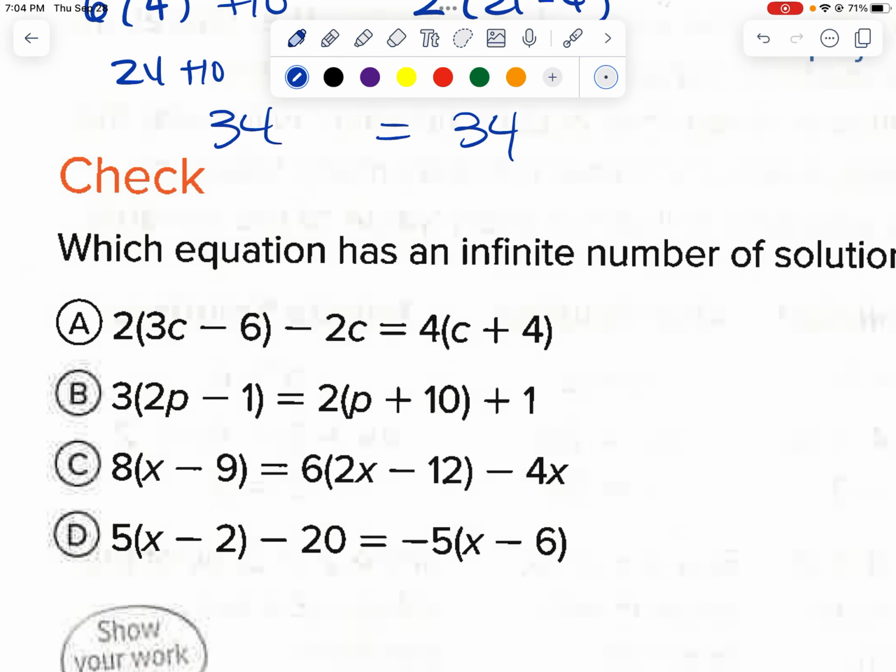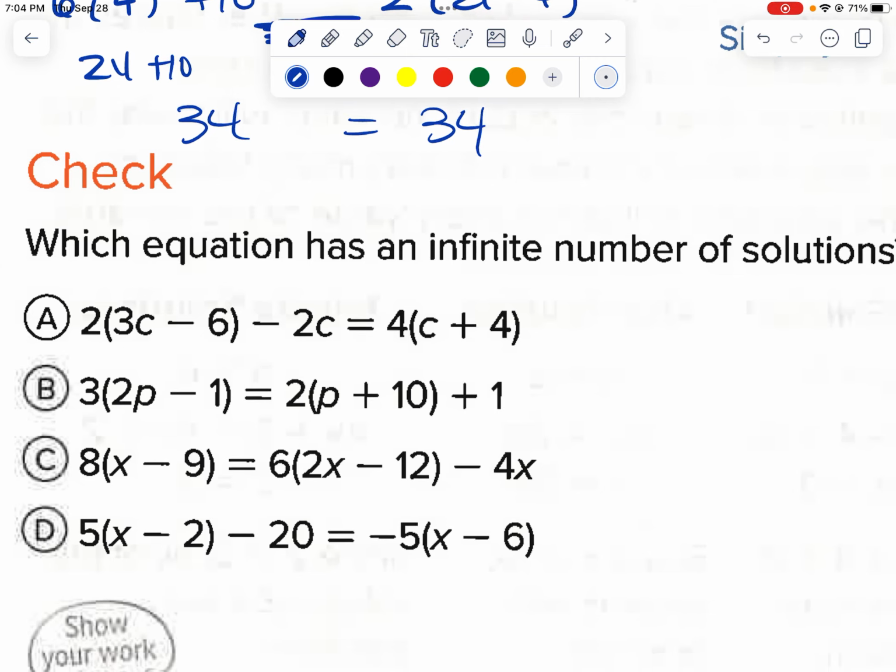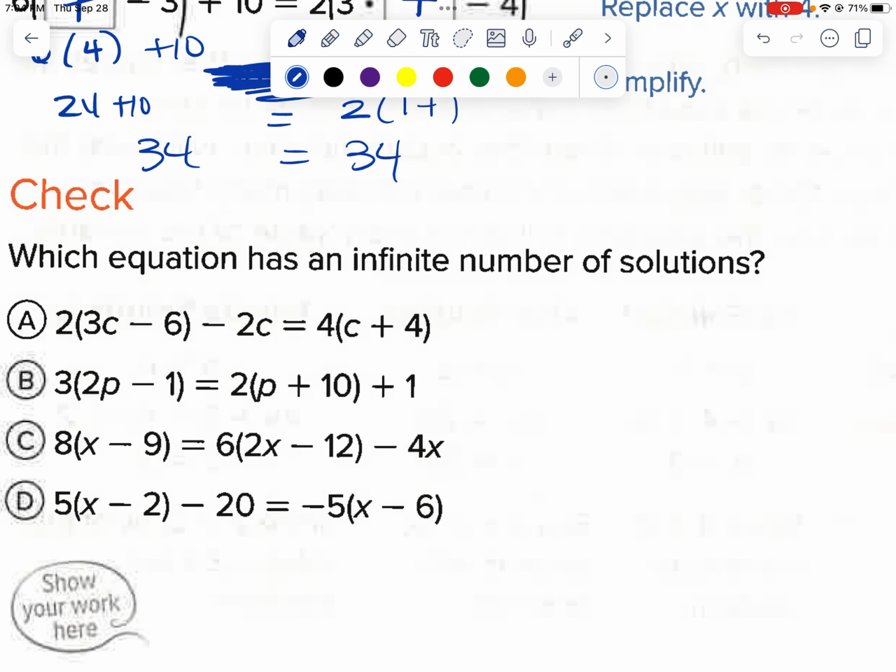So you don't even have to do a lot of work with this. All you have to look at is the simplified form. In the simplified form, we're going to multiply here and get 6c.